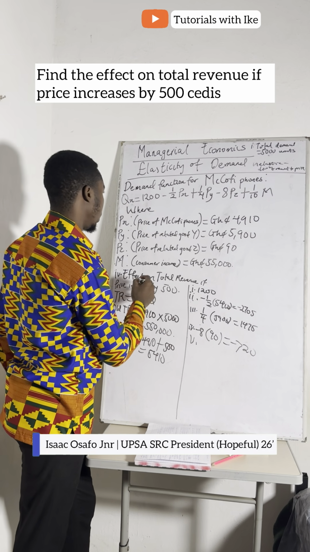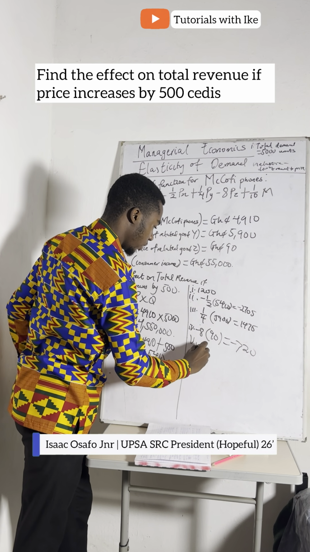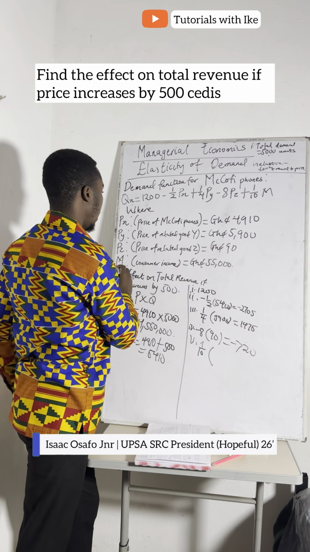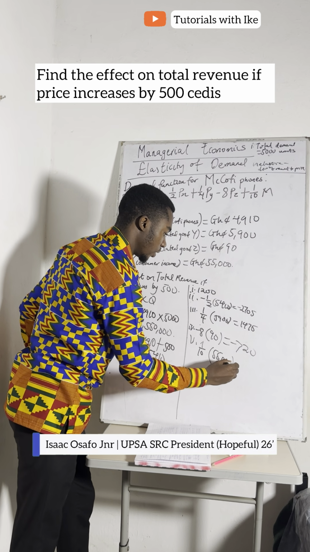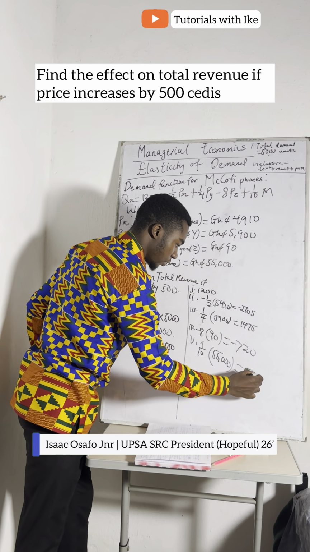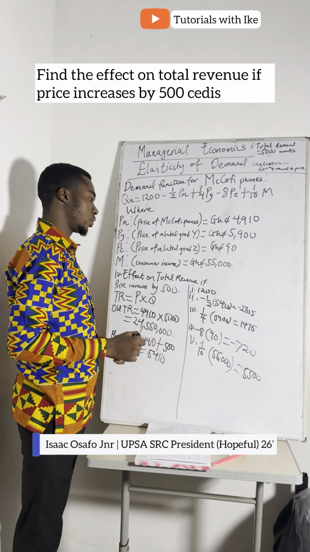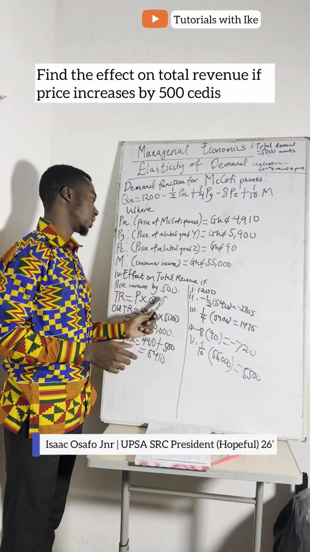Then our VIN, which is the last term, that's 1 over 10M. So you're going to get 1 over 10 times M. Our M is 55,000. You get it? So 1 over 10 times 55,000 should give us 5500. So we add all of them to get our new quantity after the price has increased by 500.